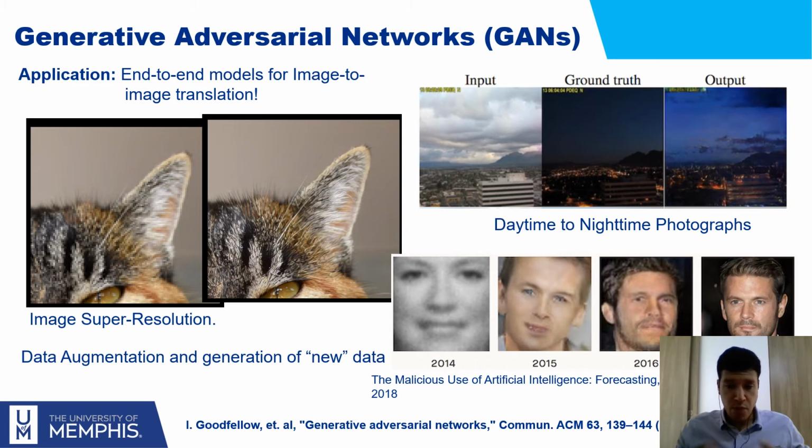GANs are very well known for their ability to reproduce images with high resolution. Also to change the scene, the same scene, but in different environmental conditions, for instance, daytime to nighttime photograms, but also to generate fully synthetic data sets. In this case, for instance, faces, where GANs are the state of the art.